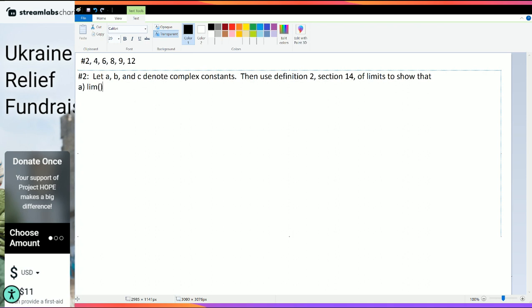A, the limit as z approaches z naught of az plus b equals a z naught plus b.